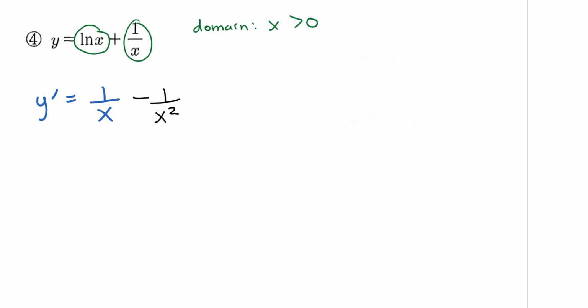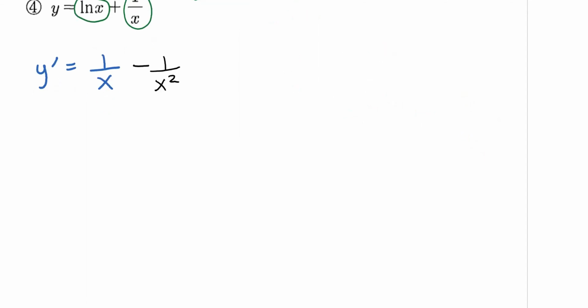Okay, now we need to take our derivative and set that equal to 0. Now we need to simplify this expression, and one way you can simplify this is to take your x squared and multiply it with the 1 there.